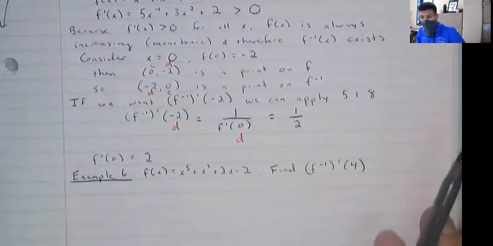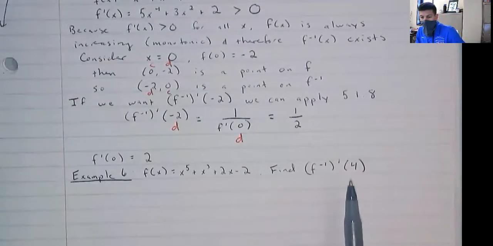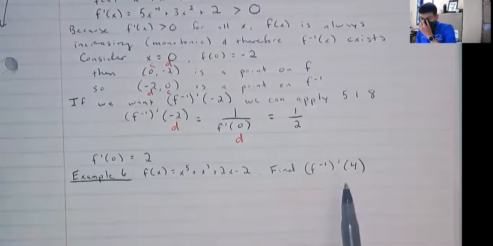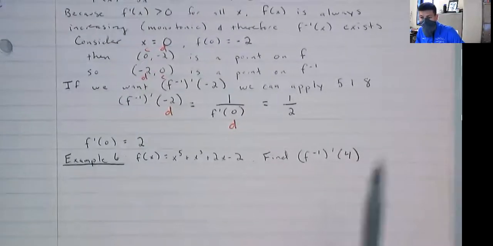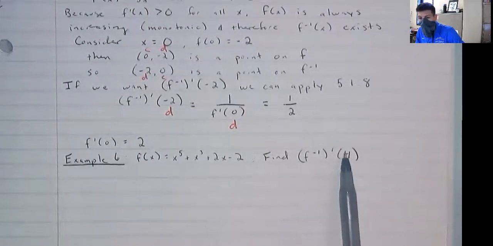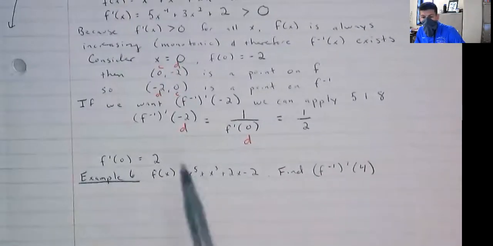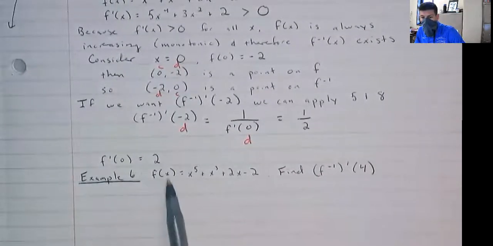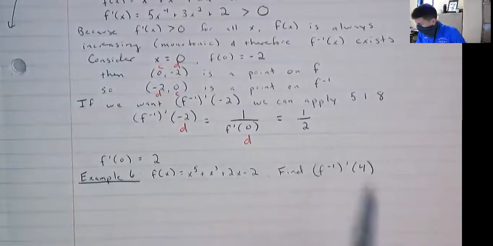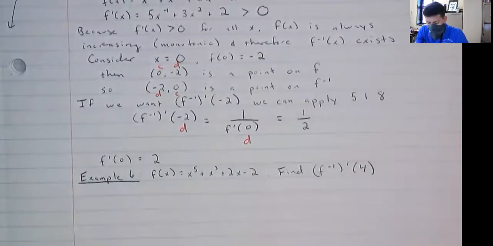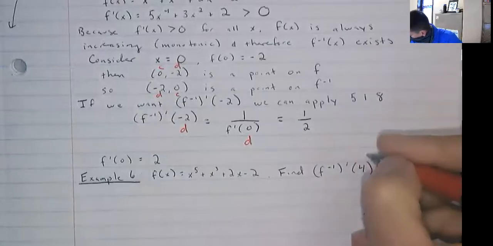Well, that's a fish of a different color, because now we don't know what c is. We don't know what value gets plugged into f to give us 4.